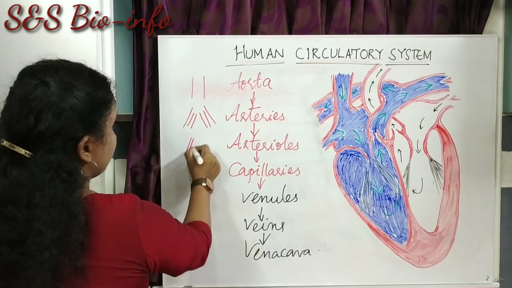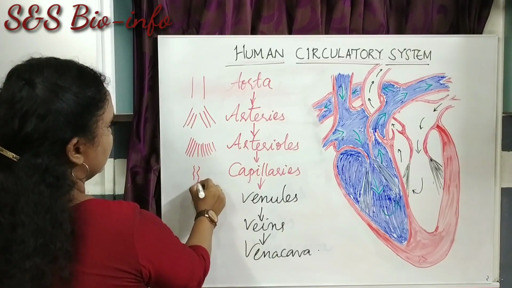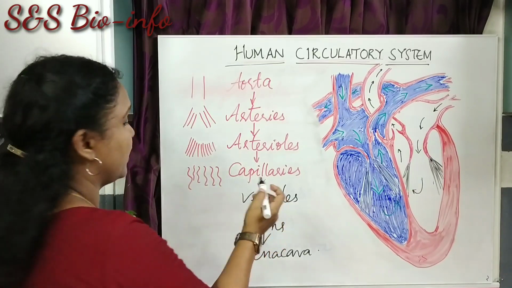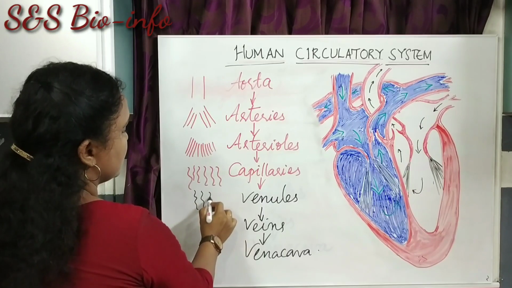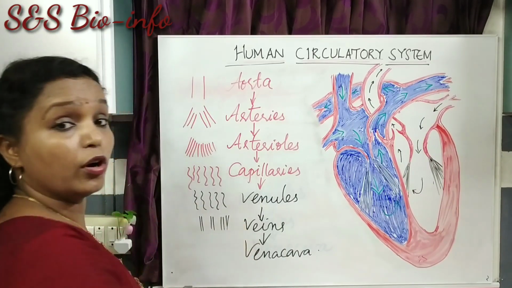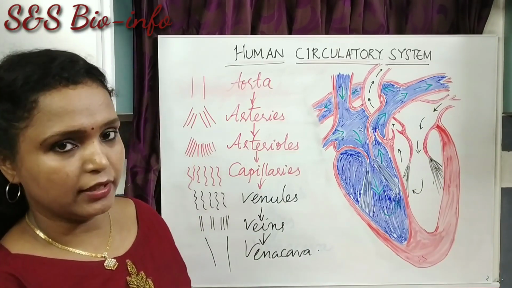Again, arterioles, fine tubules. Then capillaries. These capillaries, again, venules. These venules are united to form veins. Finally, they form as vena cava.